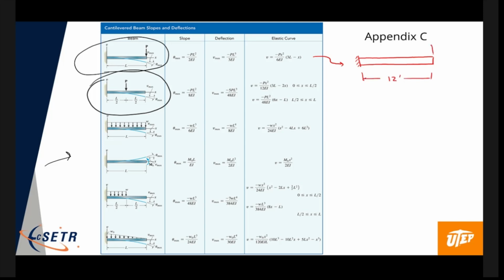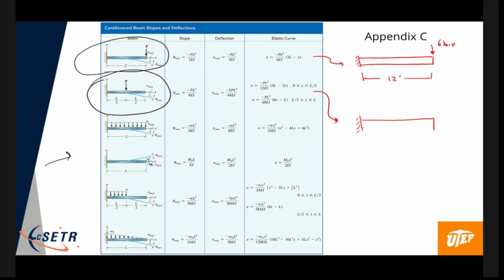And the force at the tip is 6 kips, right? And then we're going to look at this case here and consider superimposing this onto it.